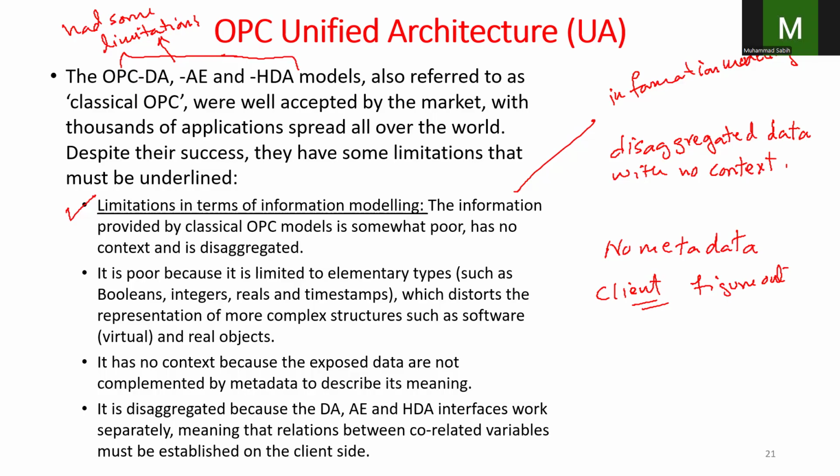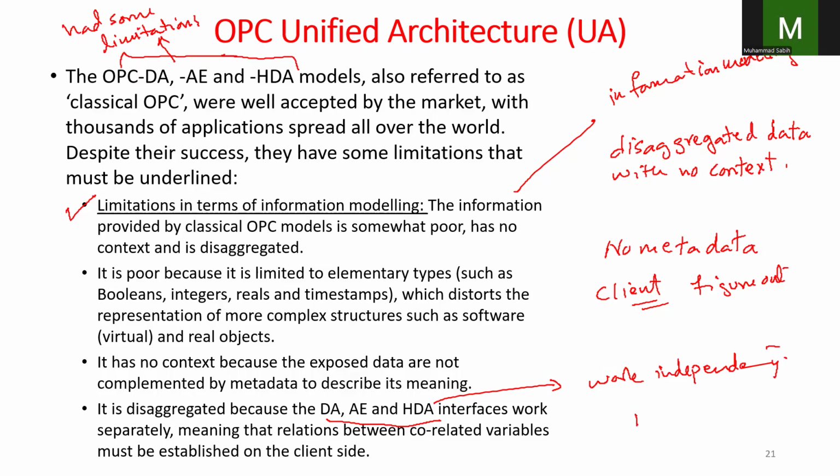Lastly, the DA, AE, and HDA interfaces actually work independently. That means there is no built-in way to relate the different types of data together, and this correlation must be handled manually by the client.